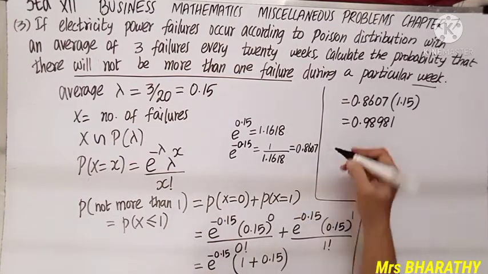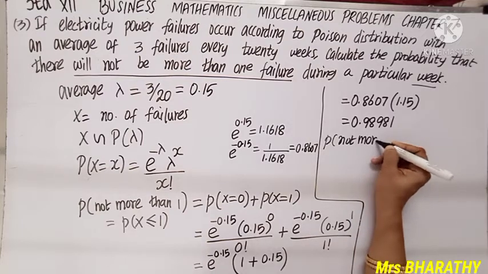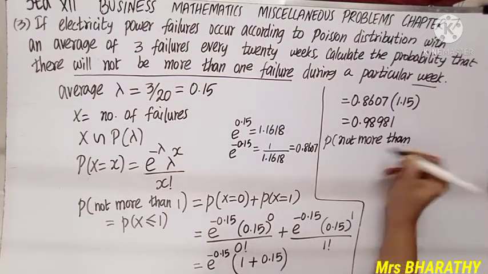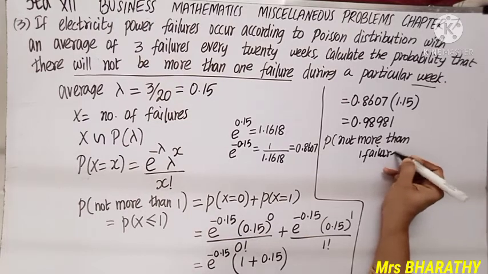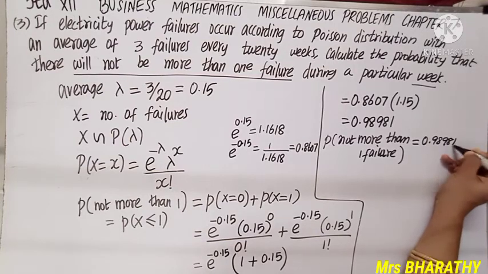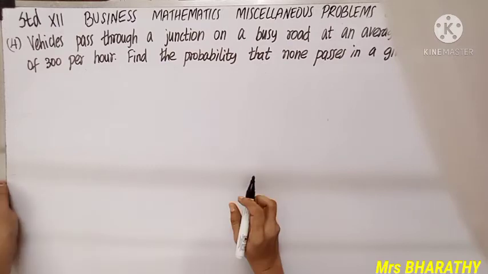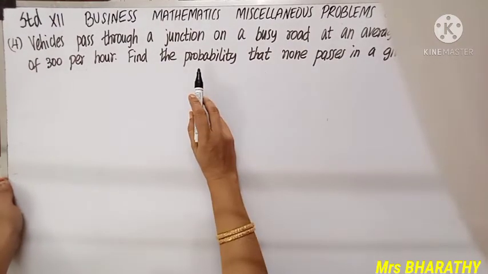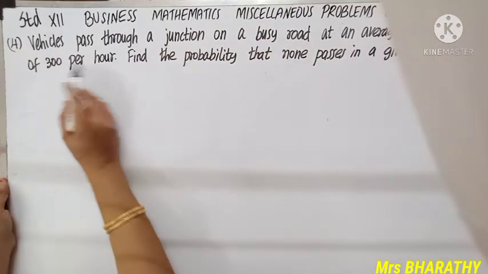So the probability of not more than one failure, my answer, is 0.98981.